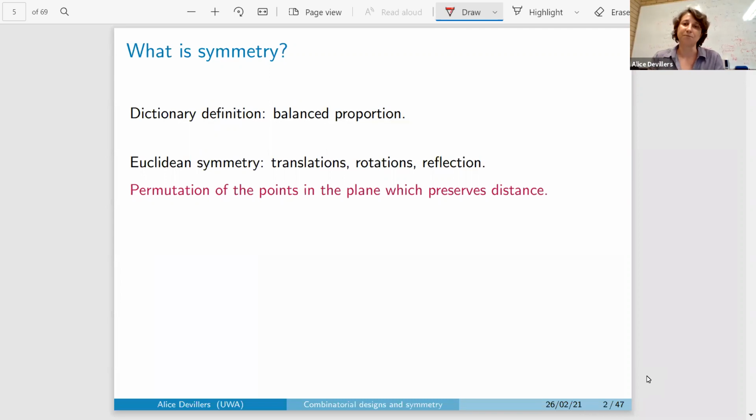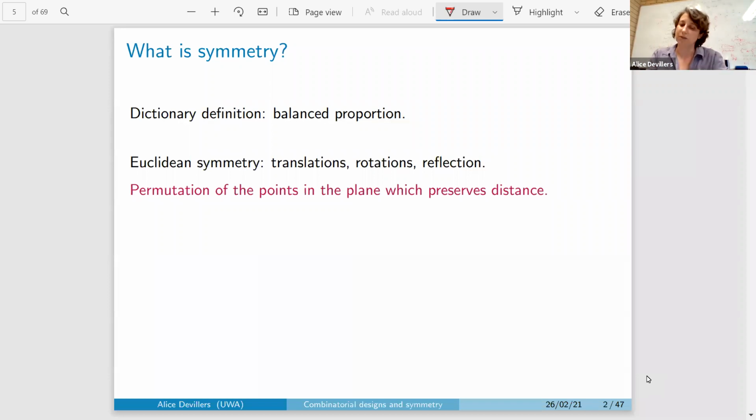And if you just ask that, you get these translations, rotations, reflections. So you want that if 2 points are at a distance, I don't know, 3 centimeters, after you've mixed your points around, these 2 points are still at the distance 3 centimeters, and this has to be for all pairs of points. So it's a permutation of the points which preserves distance.